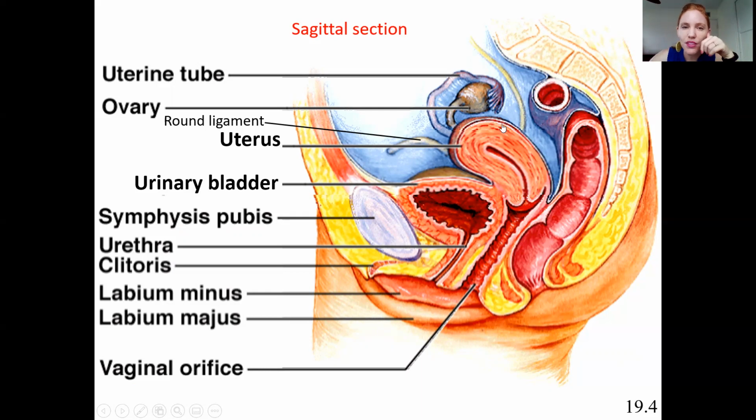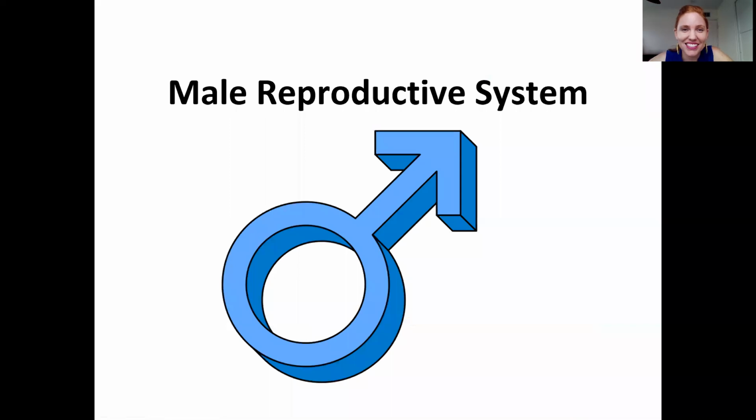That's why when you're pregnant, you have to go pee all the time, because as this gets bigger and bigger, it's literally sitting right on top of that urinary bladder. So the thinner wall below is the urinary bladder. The one with a nice thick wall on top is the uterus. There's the cervix right there, ovary, uterine tube right there. Okay, that's it. See you later.